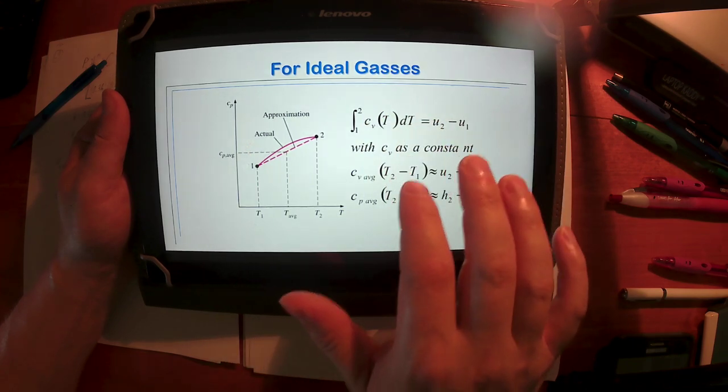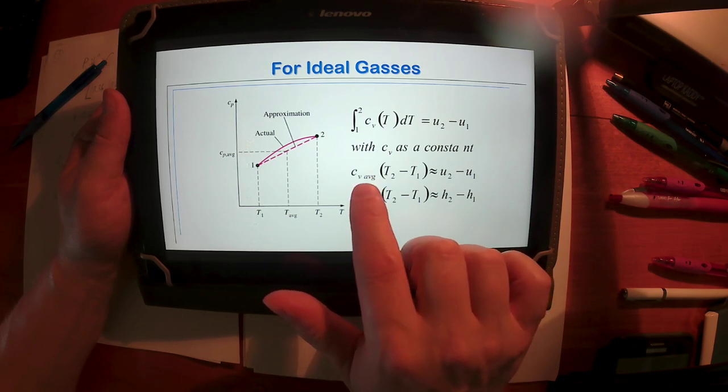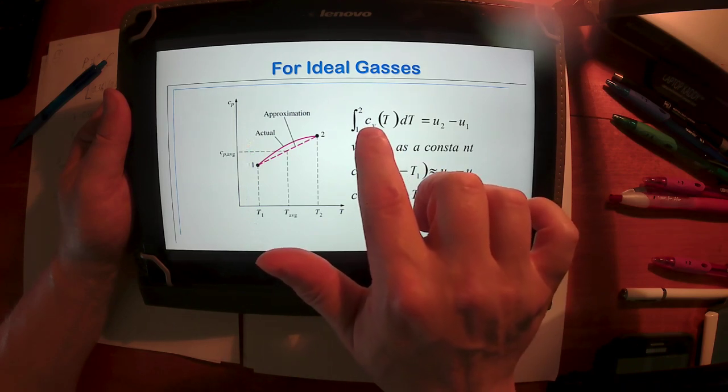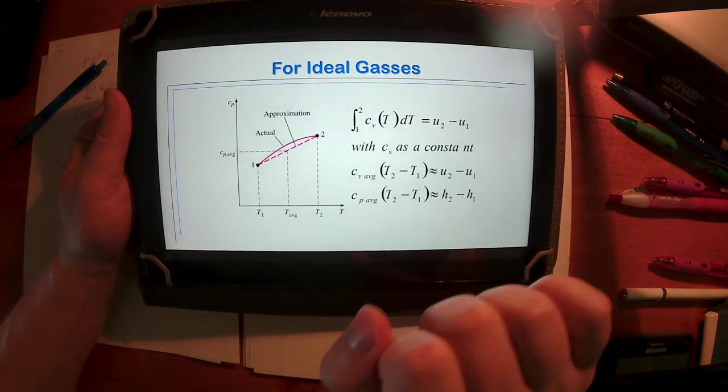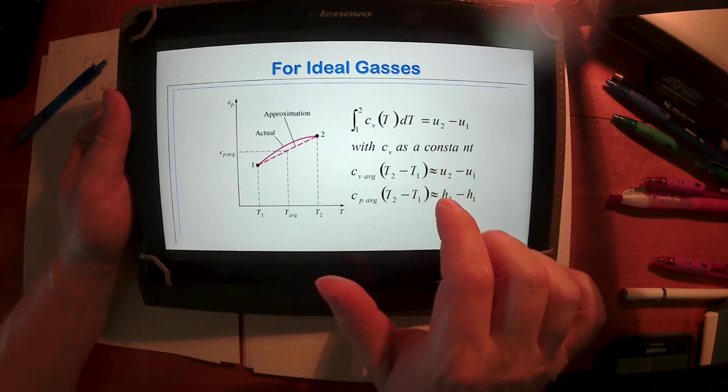And so you can just pull that constant specific heat out of the integral. So if we assume the specific heat is constant, it comes out of the integral. I'm just integrating dt. Integral dt is just delta t.